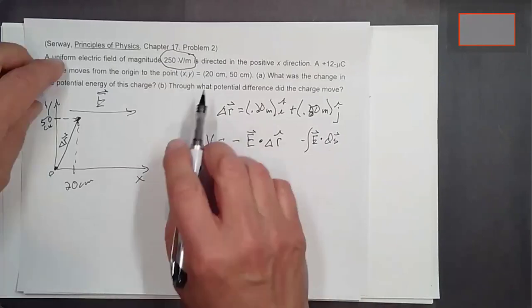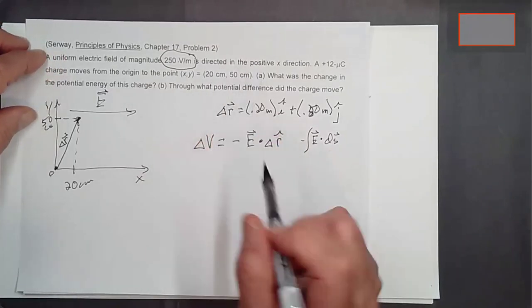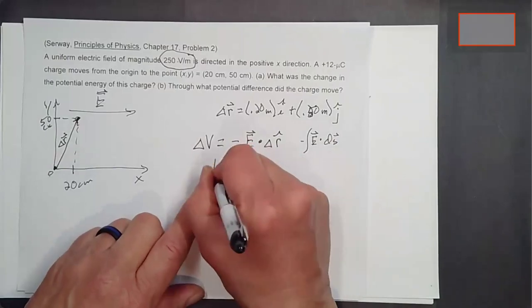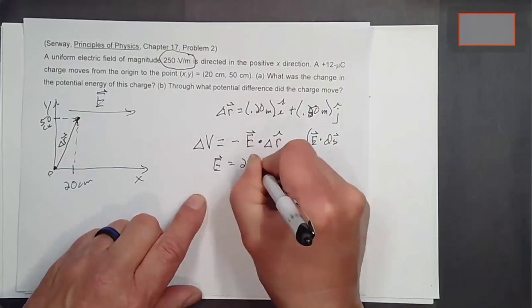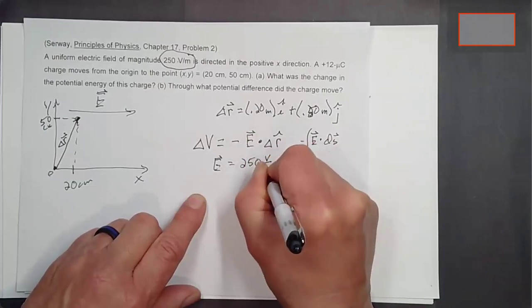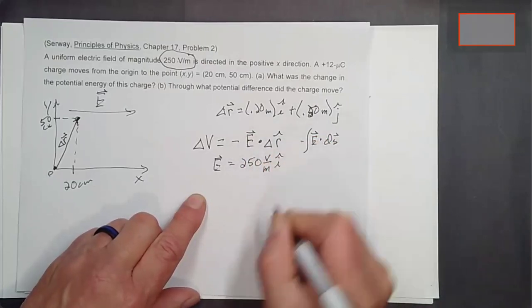All right, well, it said the electric field points in the positive x direction, so E is equal to 250 volts per meter in the I hat direction.